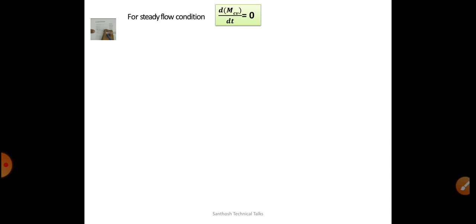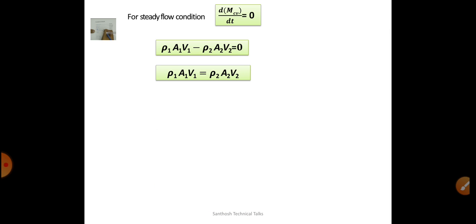For the steady flow condition, dm/dt is equal to 0. Therefore rho 1 a1 v1 is equal to rho 2 a2 v2. This is derived from the above equation: rho 1 a1 v1 minus rho 2 a2 v2 is equal to 0.